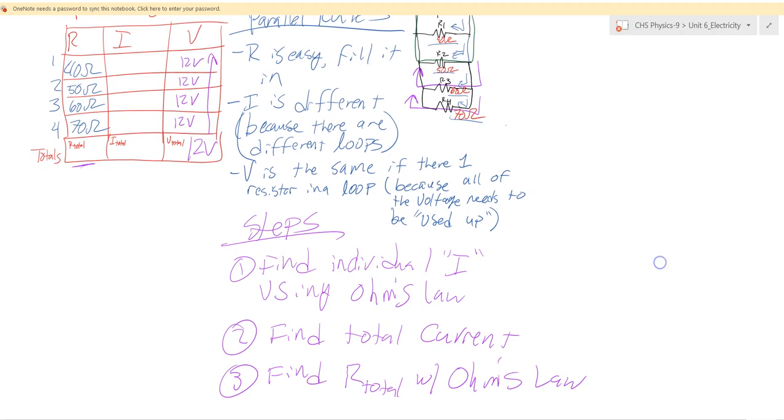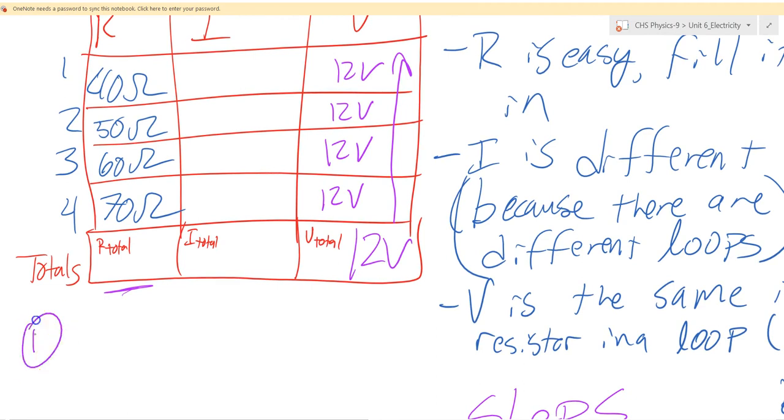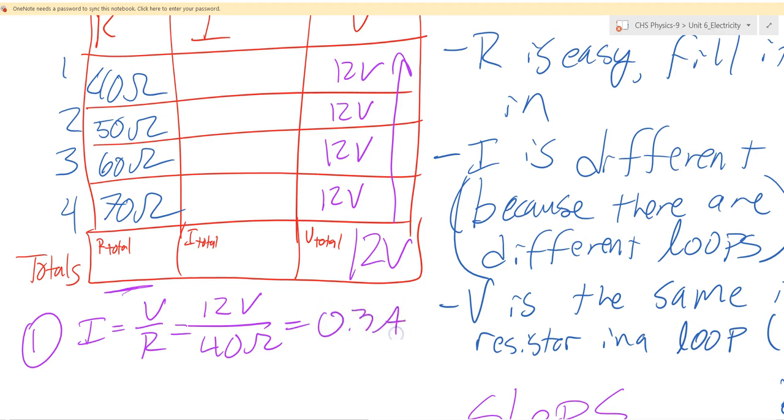Okay, so if we come over here, I'm going to zoom in a little bit. First thing we're going to do is use I equals V over R. We know that voltage is 12 volts divided by 40 ohms, and we get an answer of 0.3 amps.